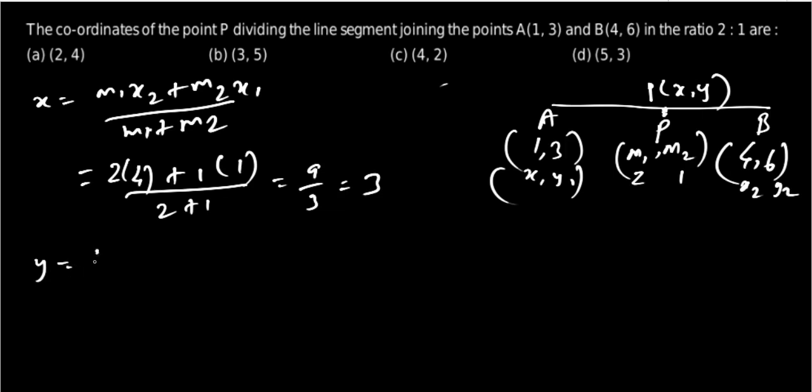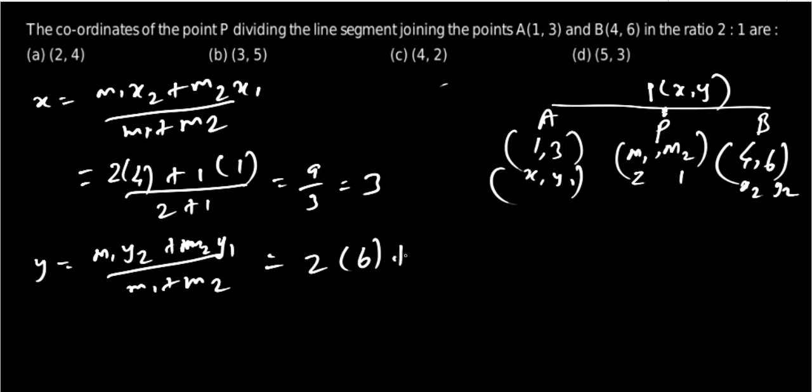So y is M1 y2 plus M2 y1 divided by M1 plus M2. So M1 is 2. So 2 times y2 is 6 plus M2 is 1 and y1 is 3, whole thing divided by M1 plus M2, that is 2 plus 1.